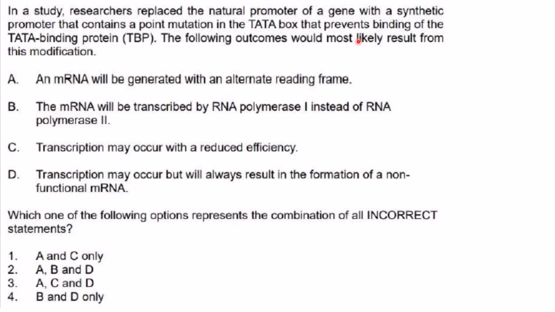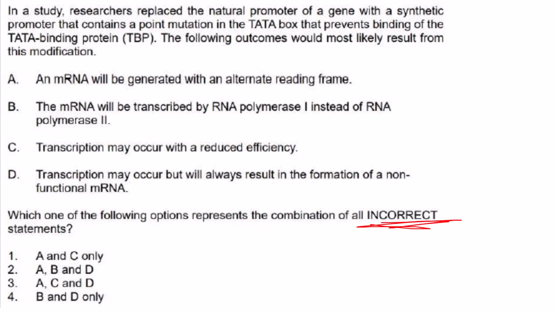Now because of this point mutation, the Tata box will not be able to bind to Tata binding proteins. So the following outcomes could result from this modification. Okay, which of them are incorrect statement? Oh fine, they have asked for incorrect statement.